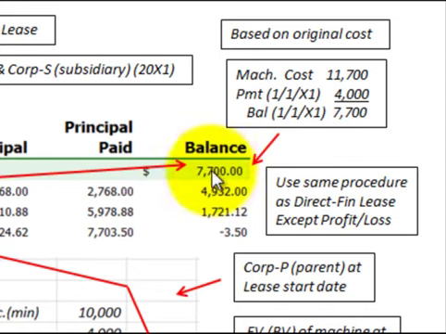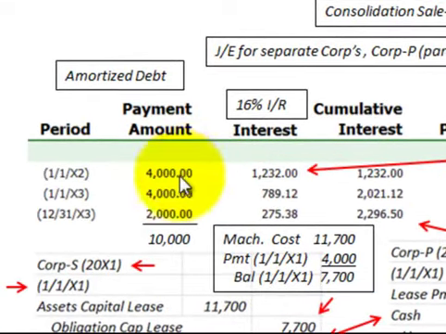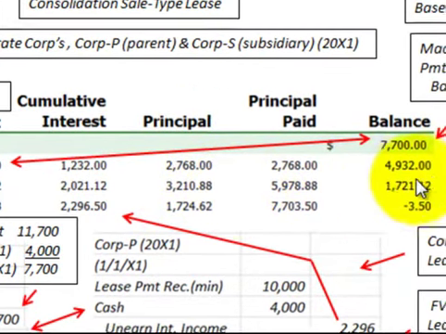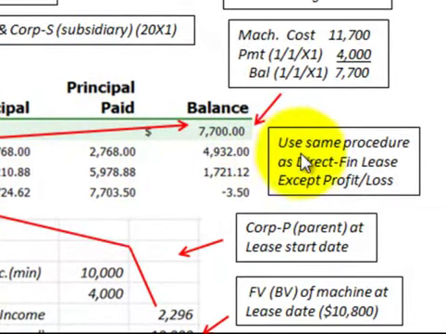We've got our balance of $7,700, then our payment amounts at the beginning of each year, and then an interest expense of 16%. So I have set up this amortization of the debt. For our example, we're going to be comparing our sales type lease to a direct financing lease, except that there's a profit or loss involved.